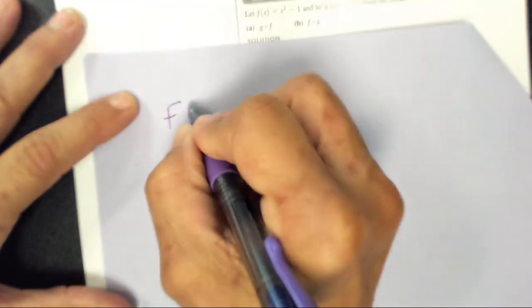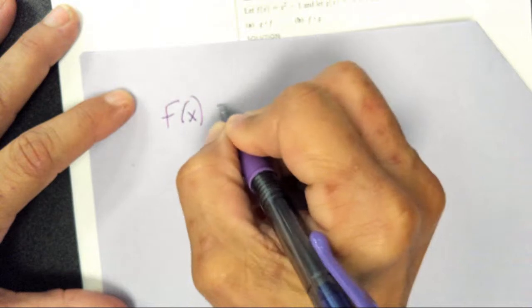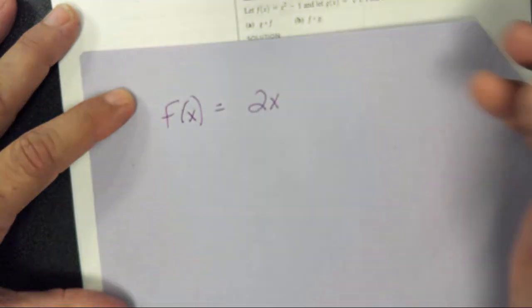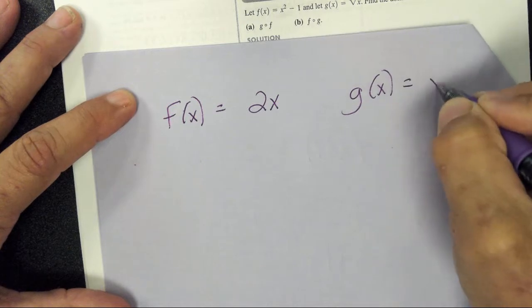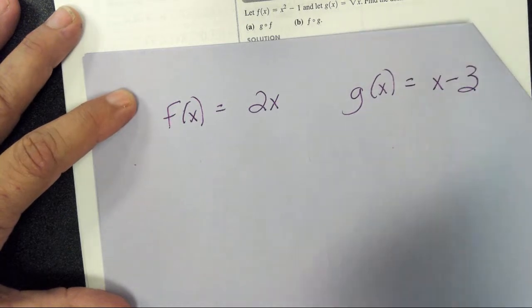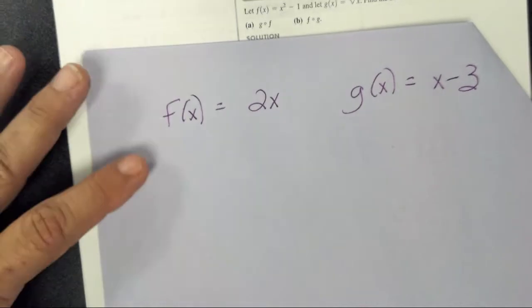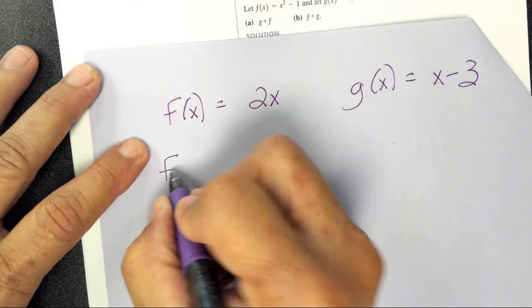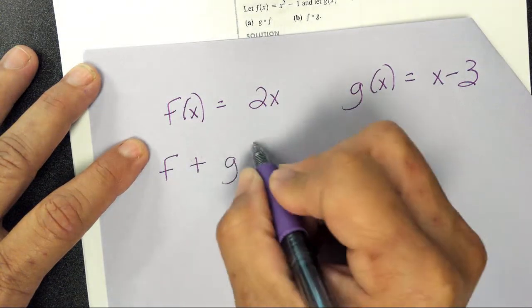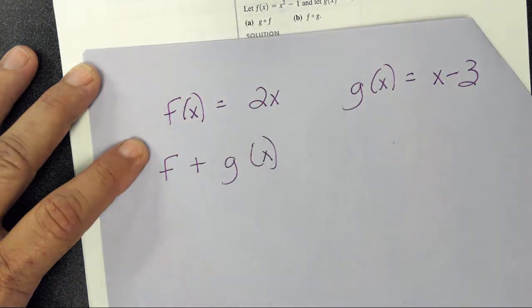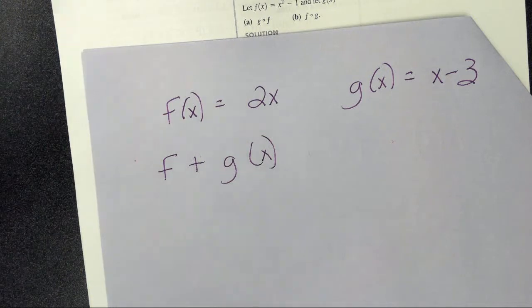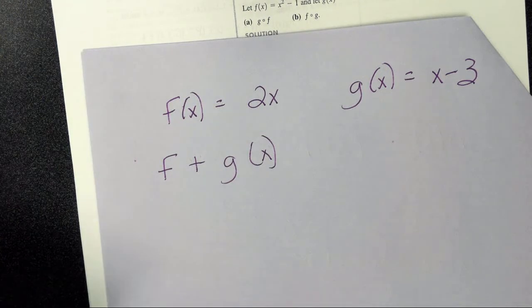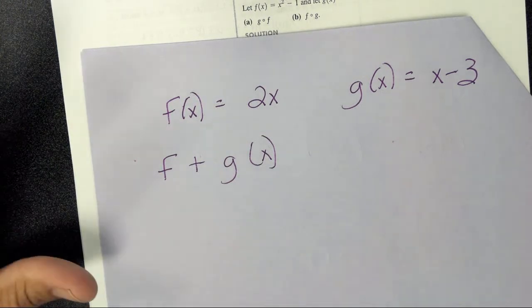If I give you the function f of x equals 2x, and g of x equals x minus 3, and I tell you to find f plus g of x, what am I telling you to do to those two things? Add them. 2x plus x minus 3 is 3x minus 3, right?